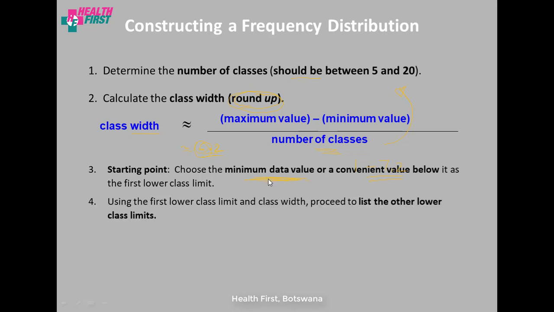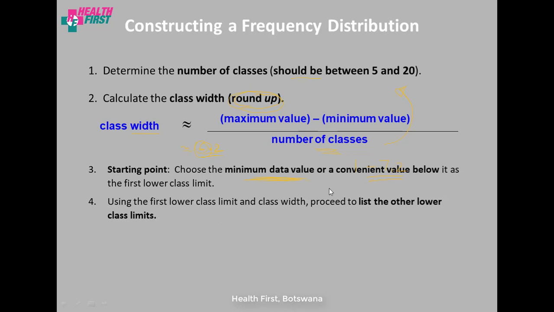So after you determine the minimum data value, which is the first lower class limit, you use it to list other classes, right? So you'll be using the first lower class limit and the width to then list the other lower class limits, right?